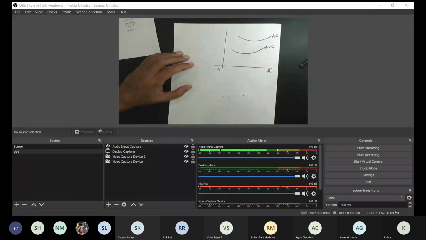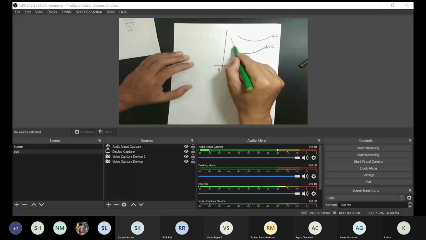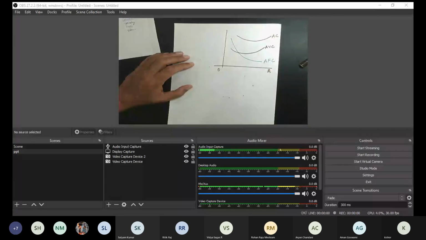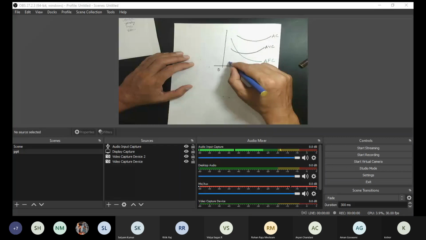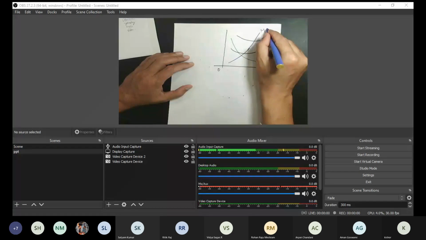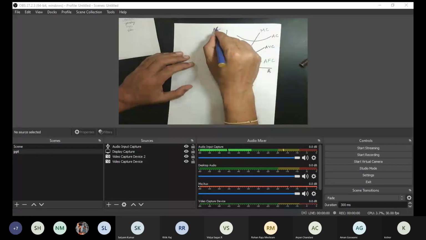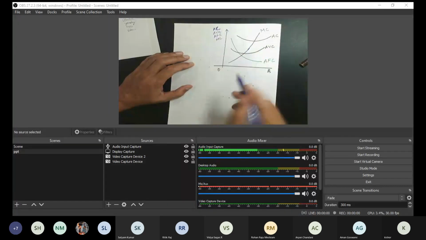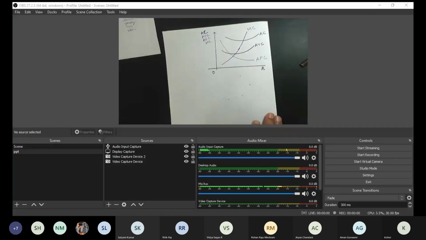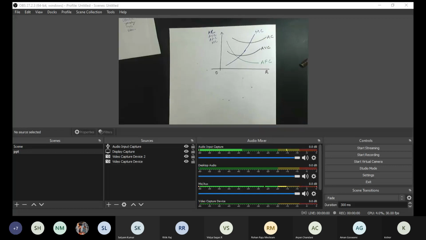This will be your average fixed cost. Maybe this may be your marginal cost curve. So it will be AC, AVC, AFC, MC, and so on. Superimposed, you will get it in this way. Okay? You are getting it.